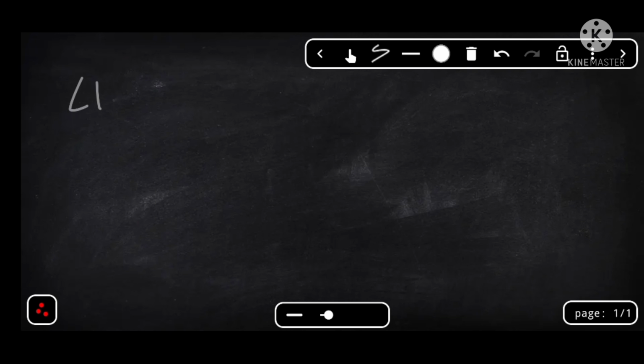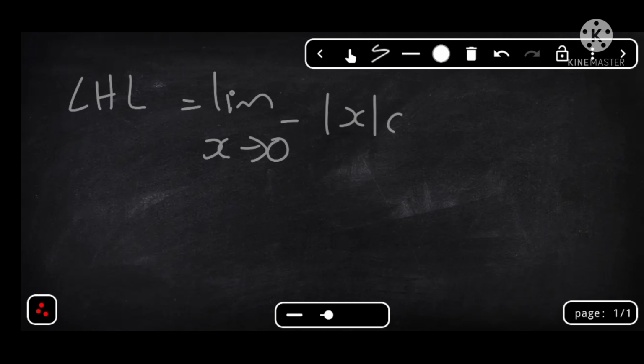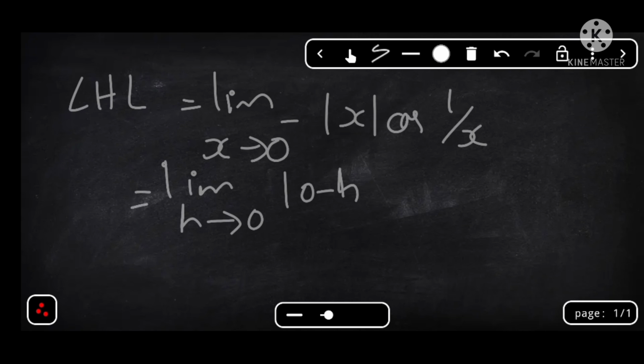So LHL, the limit as x tends to 0 minus of |x| cos(1/x). So we can write it as the limit as h tends to 0 of |0 − h| cos(1/(0 − h)), right?